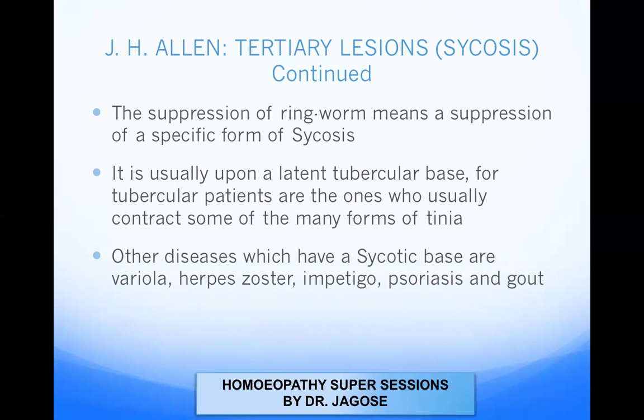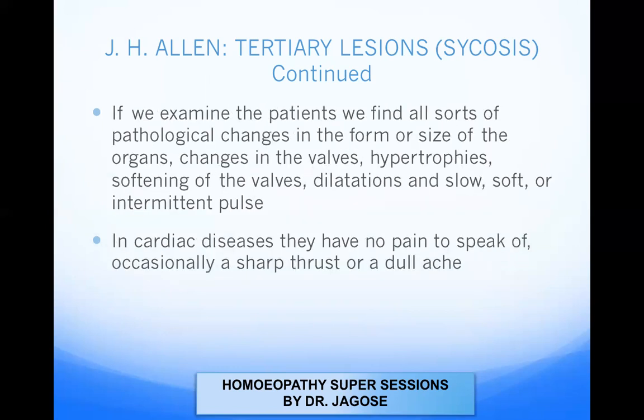Other diseases which have a psychotic base are variola, herpes zoster, impetigo, psoriasis, and gout. If we examine the patients, we find all sorts of pathologic changes in the form or size of the organ, changes in the valves, hypertrophies, softening of the valves, dilatation, and slow, soft, or intermittent pulse.